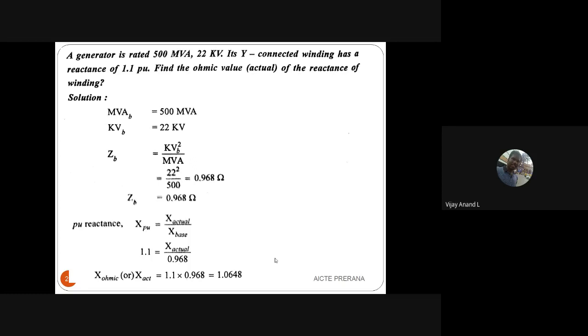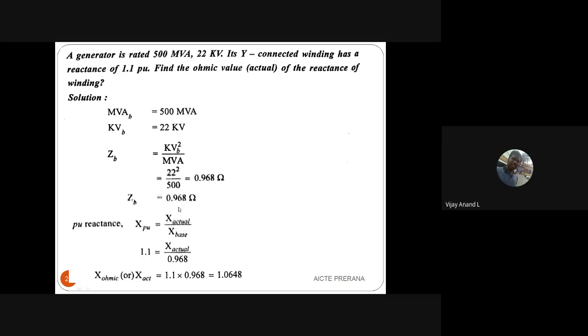The given data is 500 MVA and 22 kV. From this we have to calculate the base value, that is ZB is equal to kVB squared divided by MVA. kVB is 22, so 22 squared divided by the MVA value 500. Substituting in the equation, we get a ZB value of 0.968 ohm.